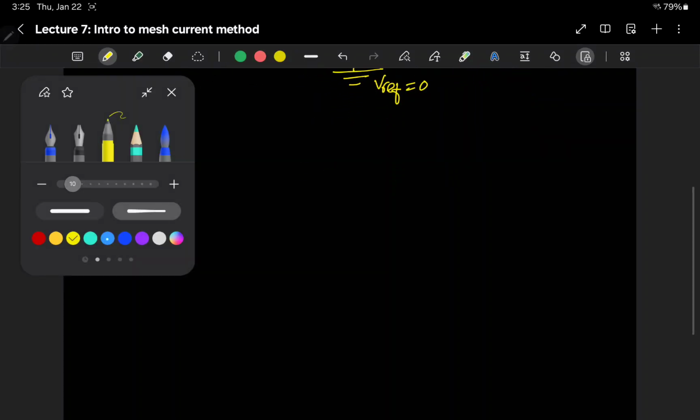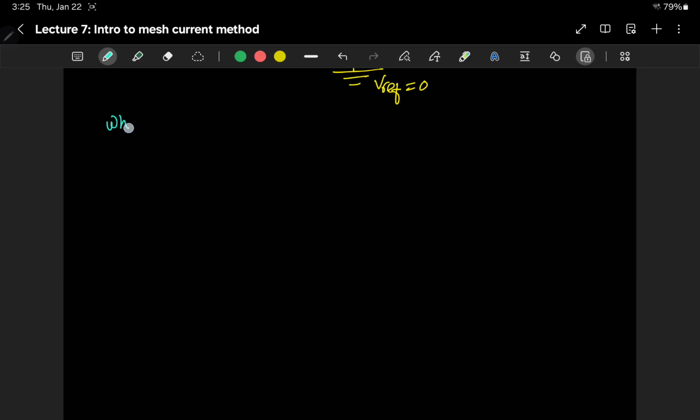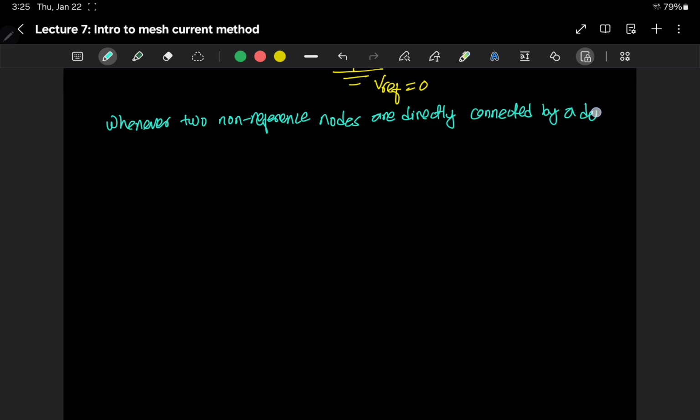So whenever 2 non-reference nodes are directly connected by a dependent or independent voltage source, it is convenient to apply the supernode concept.